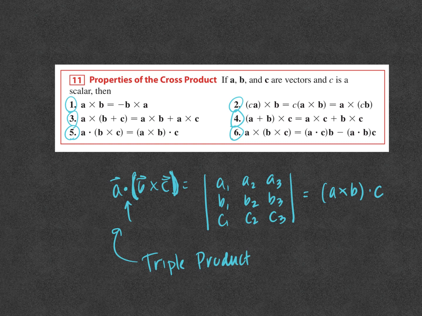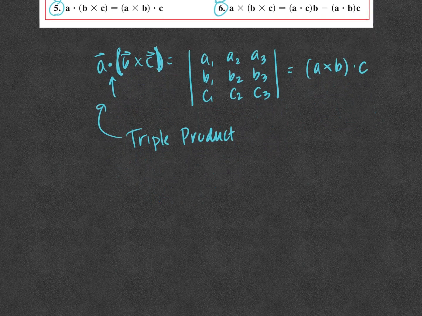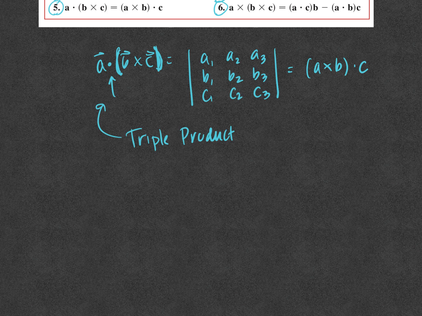Also, this leads us into, let me scroll up a little bit, so we can use our triple product. Let's look at a parallelogram. Let's say we have vector A, vector B, and vector C. Now with B and C, we draw a parallelogram, and then we're going to draw a 3D parallelogram.